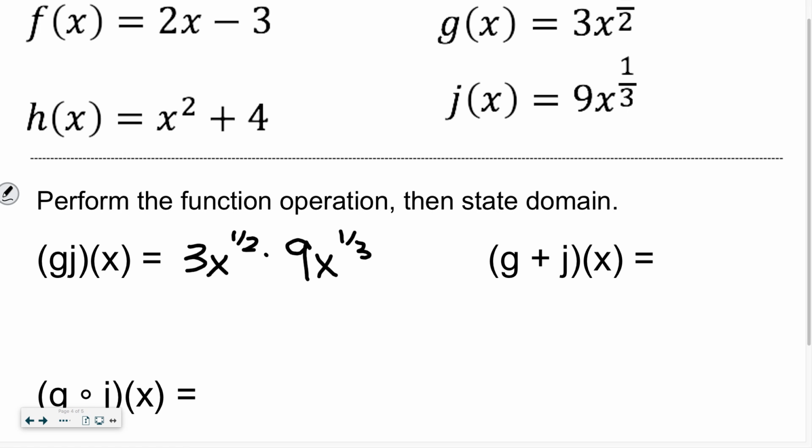Add your exponents. And in order to be able to add 1/2 and 1/3, they have to be common denominators. You can also multiply 3 times 9 is 27. This is going to be 3/6 and 2/6. So when I add them, I'll get 5/6.